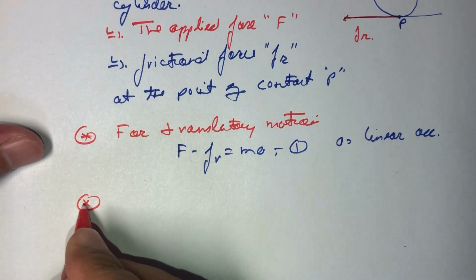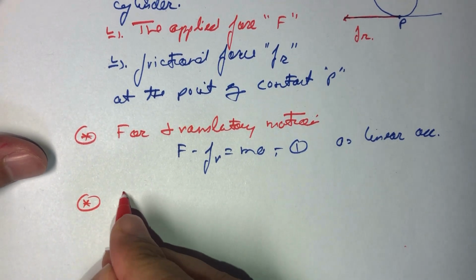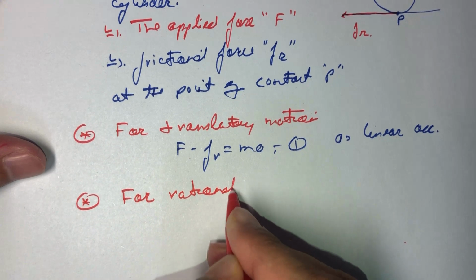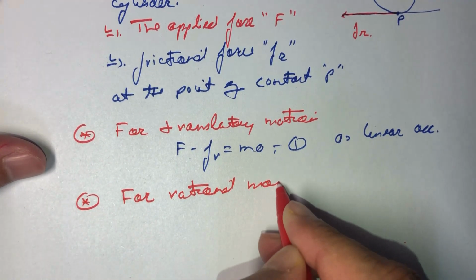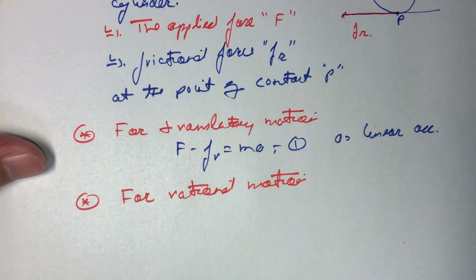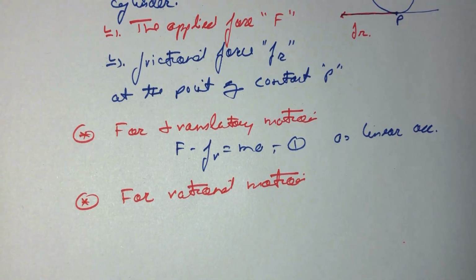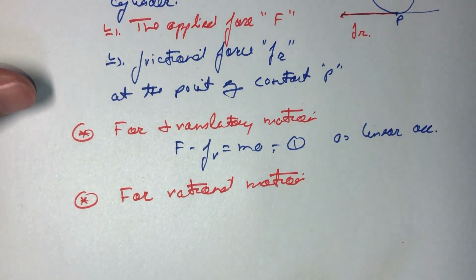And for rotational motion, the rotational motion will be produced because of the torque that is acting on the cylinder.